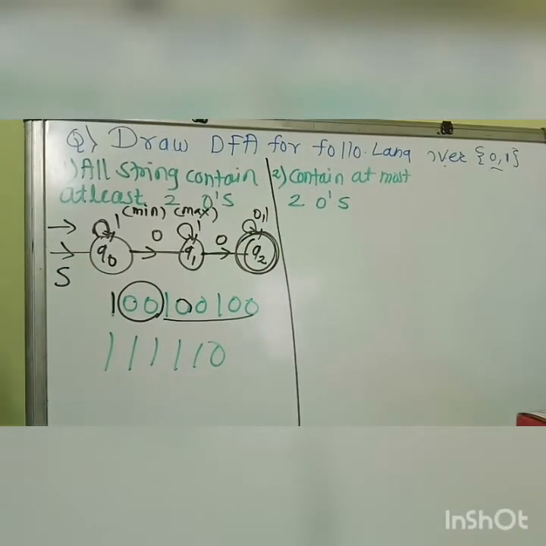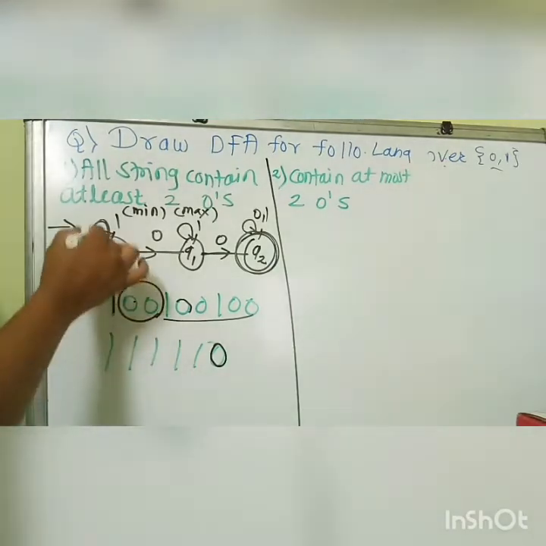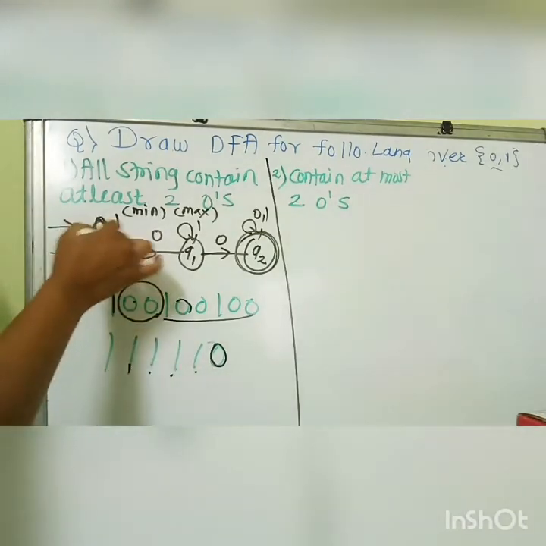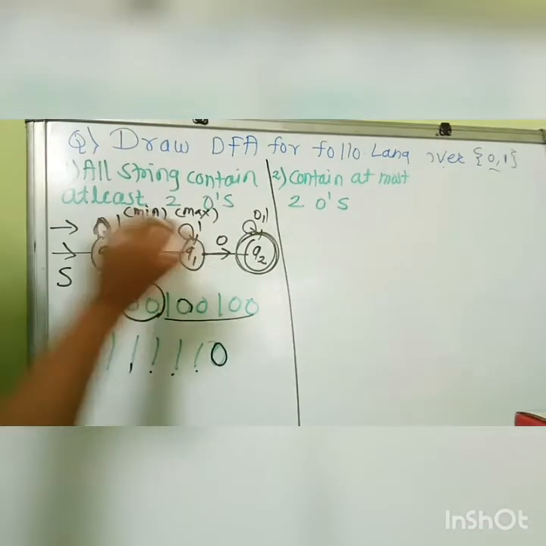Now we will pass the wrong string through our machine, which has only one 0. When 1 comes, we stay at Q0. For the next 1, we stop here also, at Q0. When 0 comes, you reach Q1.